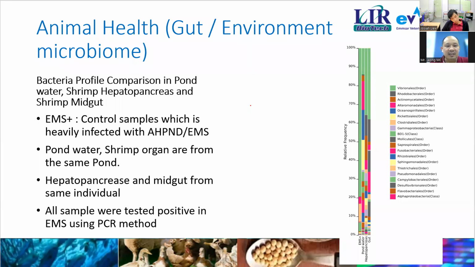Basically, they extract the gut of the animal and do bacterial profiling to compare between healthy and unhealthy animals. They find the population of bacteria inside and use that to predict whether this animal potentially has a health issue or not. The same goes for the environment.